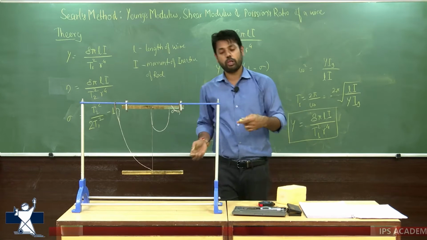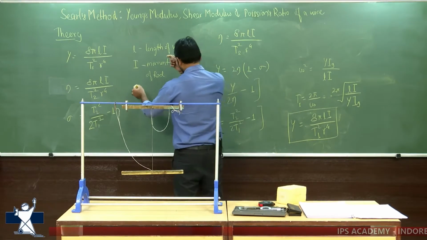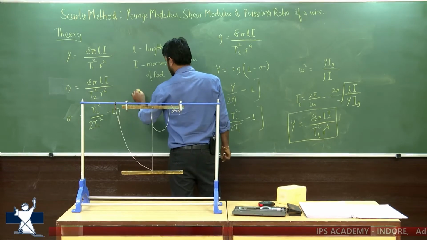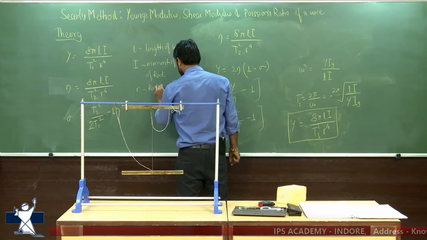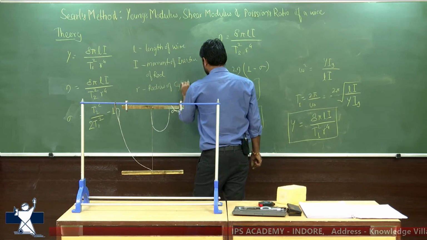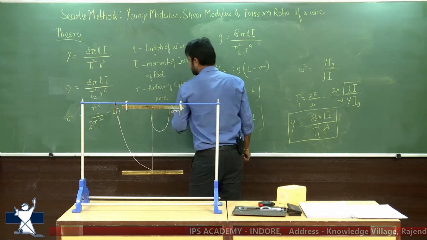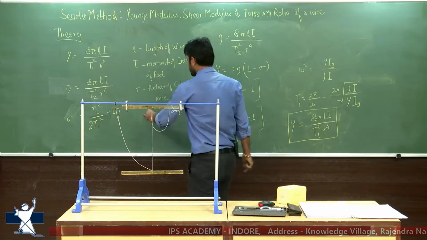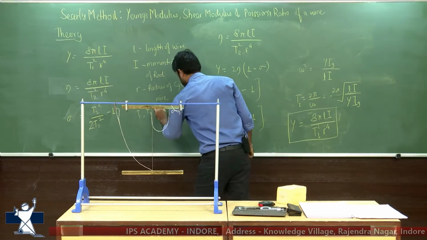You can measure the moment of inertia of any one of them and it's the same. r is the radius of the wire, radius of the cylindrical wire. T1, T2 are time periods.